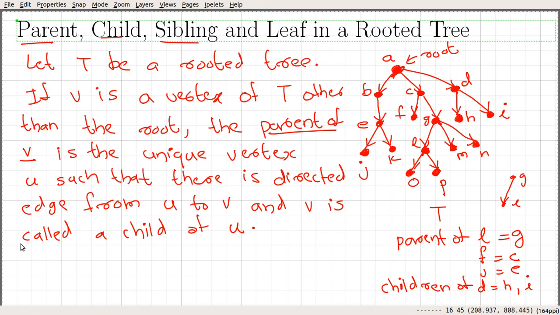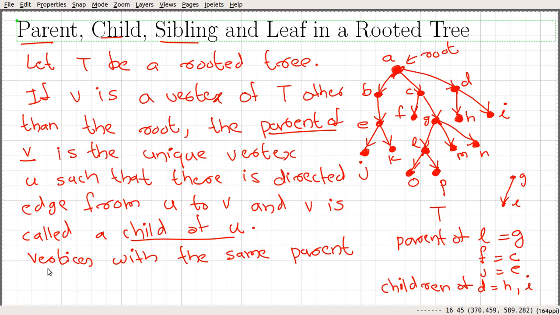The siblings of a vertex are the vertices with the same parent. These vertices with the same parent are called siblings.